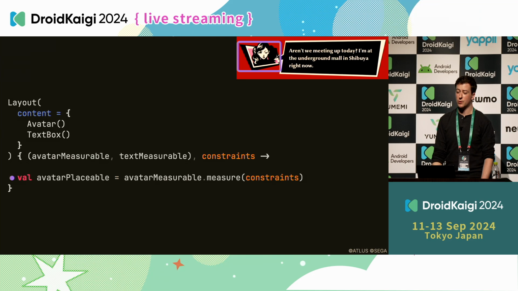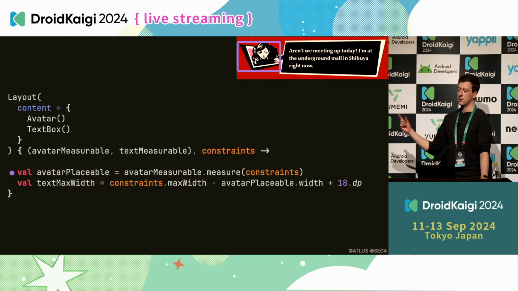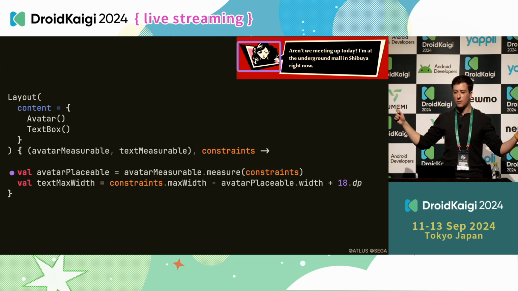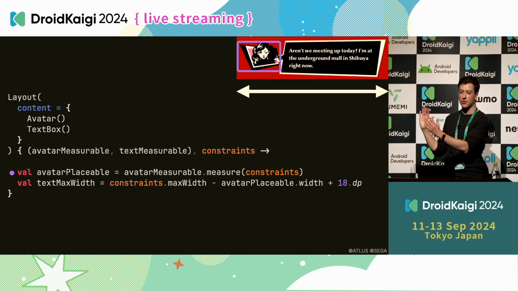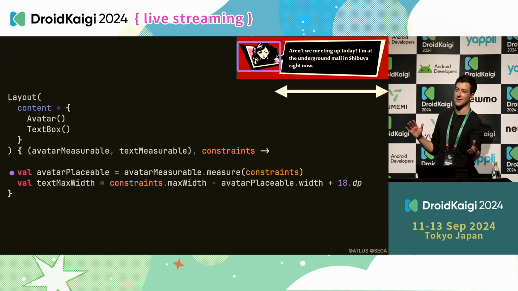The avatar is pretty easy to measure. We don't need any custom constraints. The text is more complicated because we need to work out how much total width is available to us. So we take the total width of our whole layout, subtract the avatar's width, and then add back in a little bit to get that overlap.